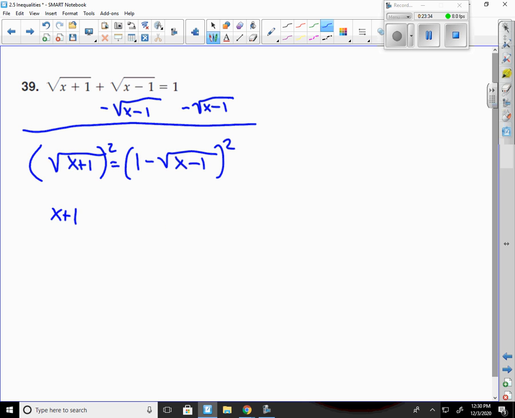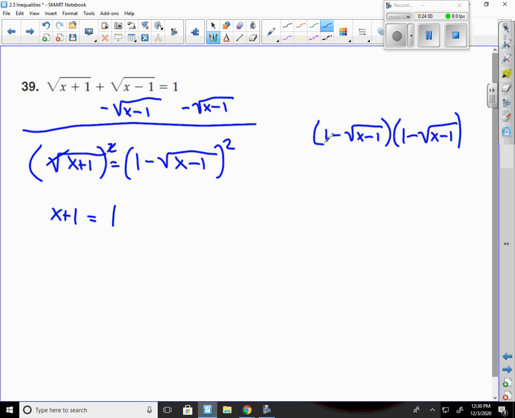It gives me x plus 1. Just cancels this out. Equals. Now when I square this side, it's going to get a little uglier here. Because remember, that's like 1 minus the square root of x minus 1 times 1 minus the square root of x minus 1. So we got to FOIL this. So first should be 1 times 1.